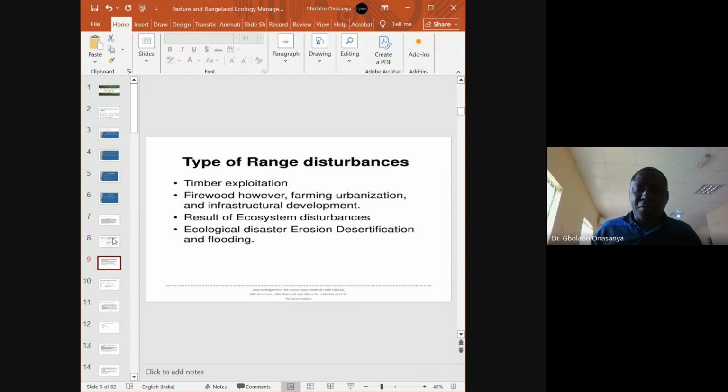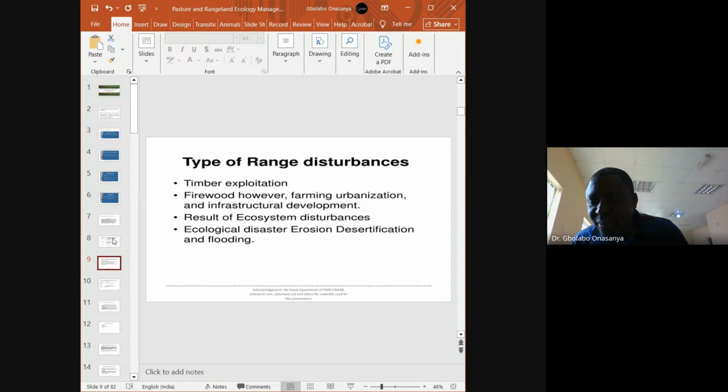So, excessive felling for firewood. All of this results in disturbances in the ecological system. And all of this exposes our rangeland to ecological disaster, such as erosion, desertification, flooding, especially in the north.